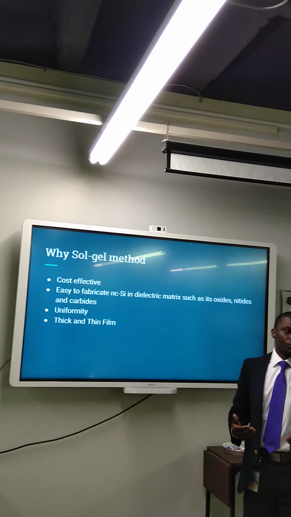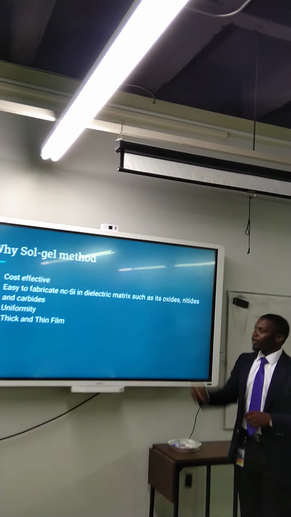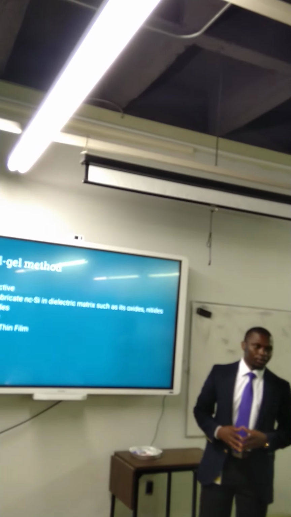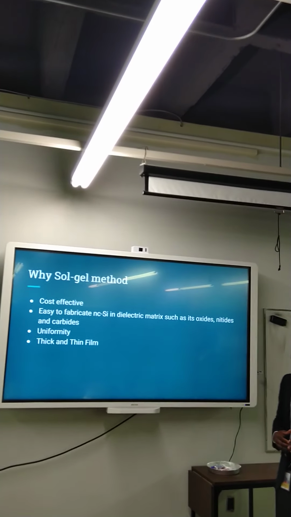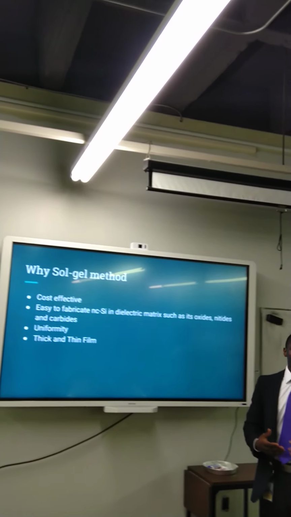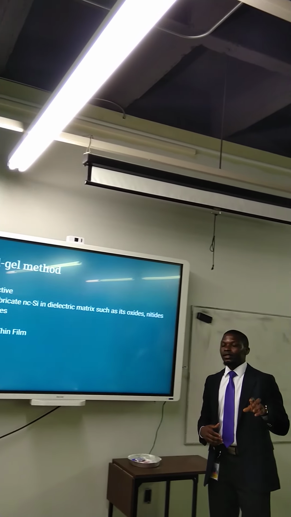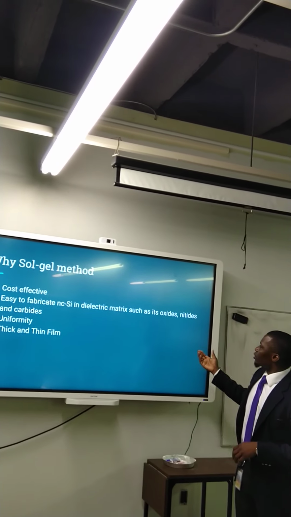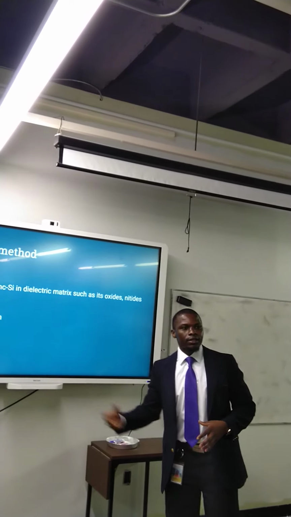And why did I choose to use the sol-gel method? One of the reasons is that it's cost effective. It's cheaper than any other method out there. It's also easy to fabricate nanocrystal silicon in a dielectric matrix, which may include oxides, and in this case I used the oxide.